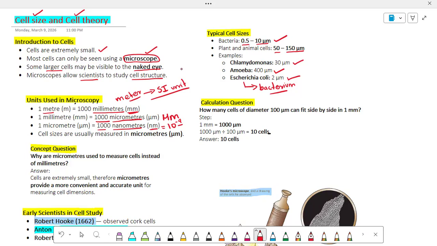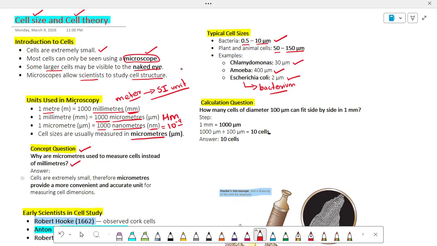So we have to measure the cell sizes in micrometers. And now the question arises, why do we use micrometers to measure the different cell dimensions? Here I add a concept question, which is very important from the exam point of view. Why are micrometers used to measure cells instead of millimeters?